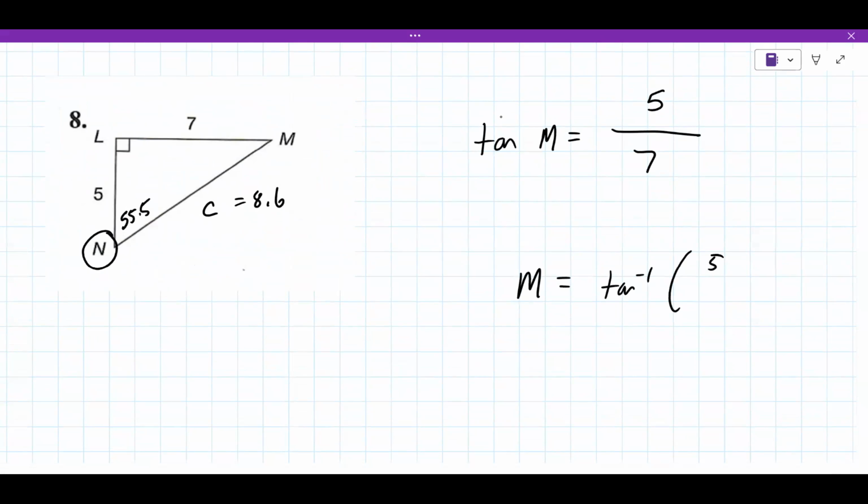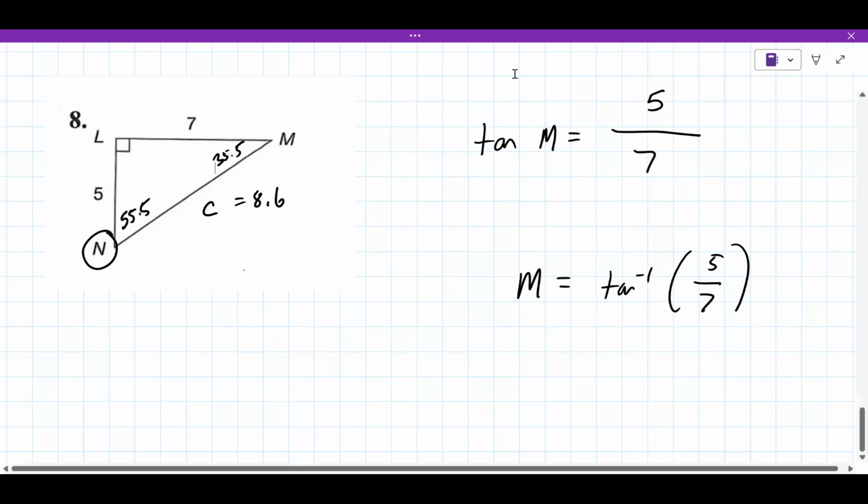Tan inverse of 5 over 7. I got 35.5. 35.5.